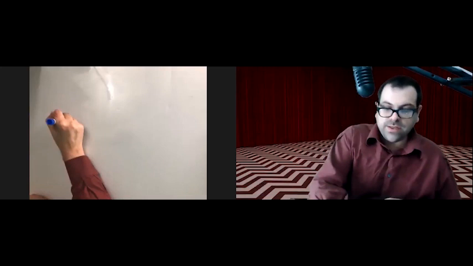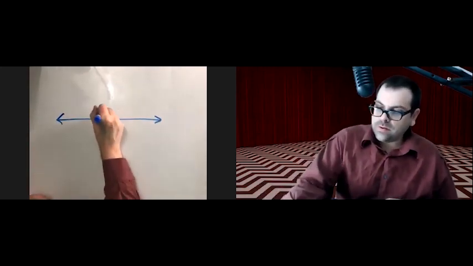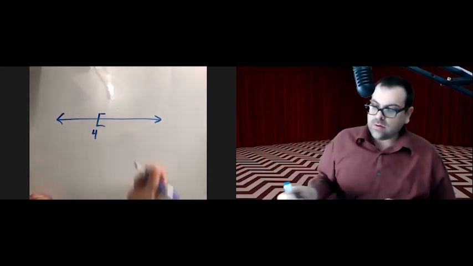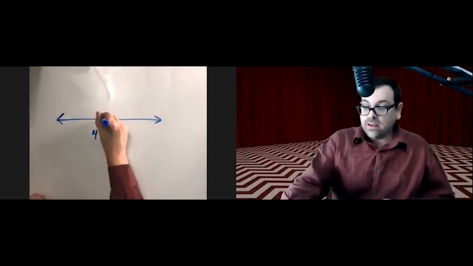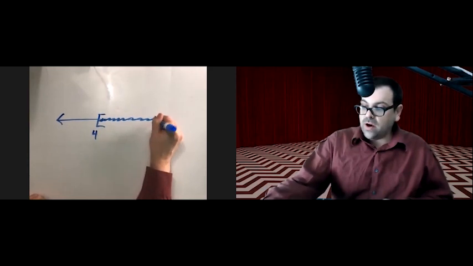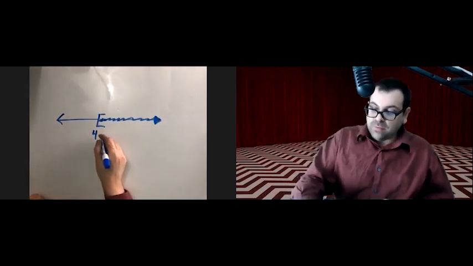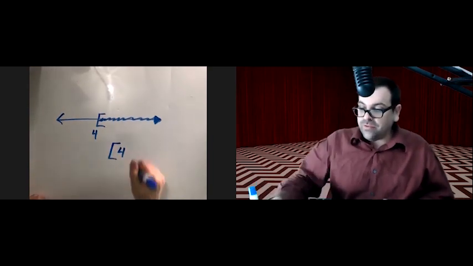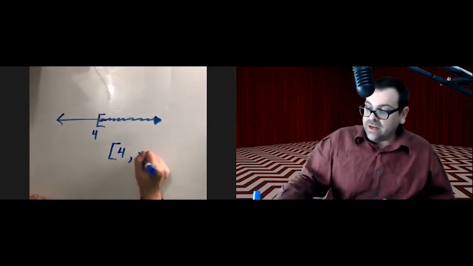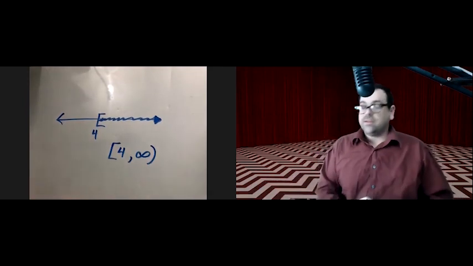If this was a 4 and it had a square bracket and it goes this way on and on forever, the square bracket goes with the 4, but the infinity always gets a parenthesis.